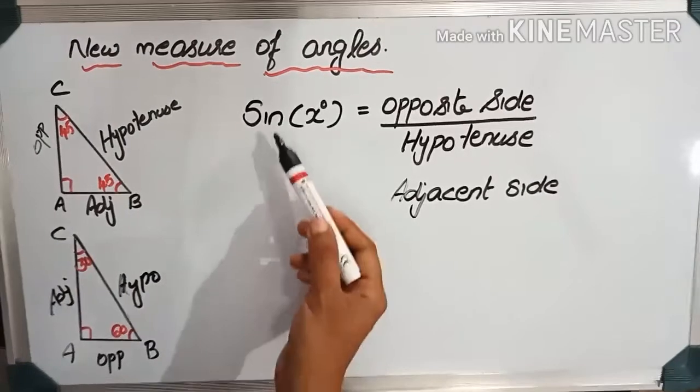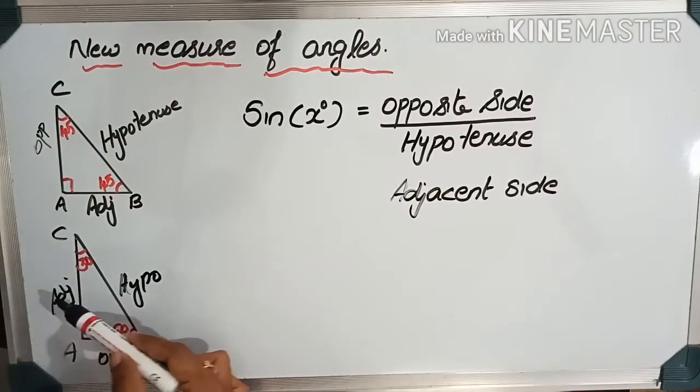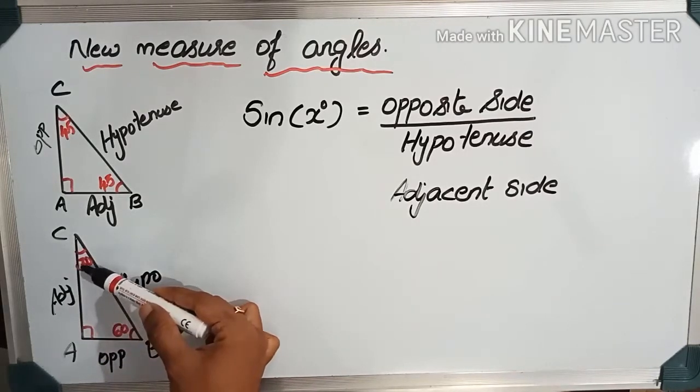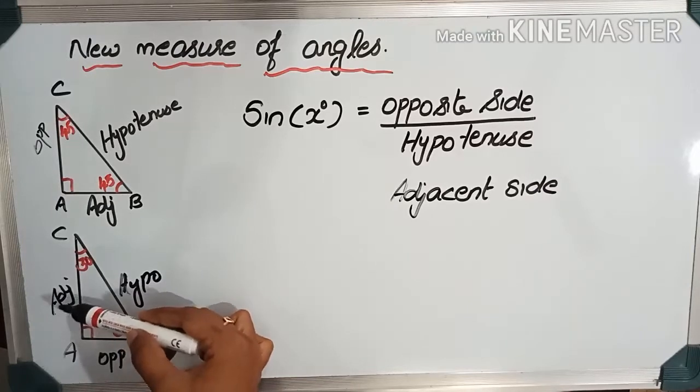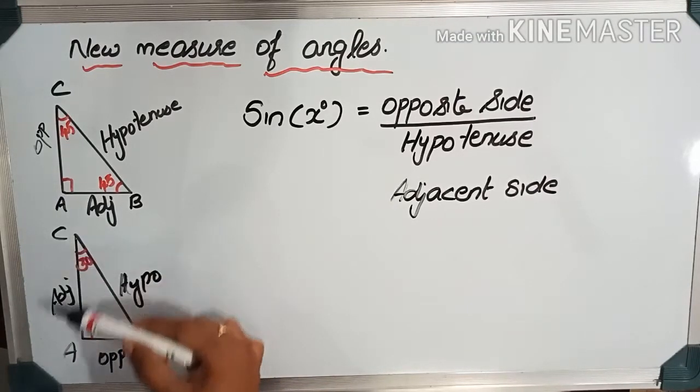If we are considering sine 60 degree, then the opposite side will be what? The opposite of 60 will be AC. Here the adjacent side of 30 will be the opposite side of 60 degree. 60's opposite is AC.